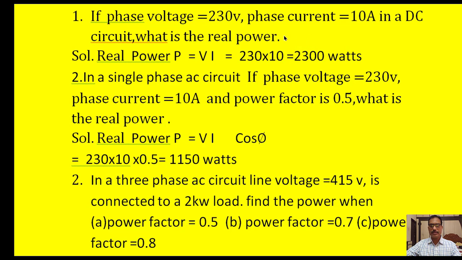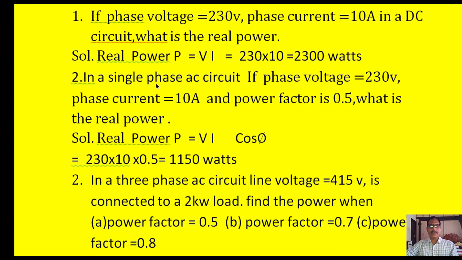Whenever I say real power, it means true power. This is also called the consumed power. This power is consumed only in the resistance. So real power P is equal to V into I. We know the per phase voltage, that is the applied voltage to the load, 230 volts, and the current flowing through the load is 10 amperes. Once we calculate, we get 2300 watts.